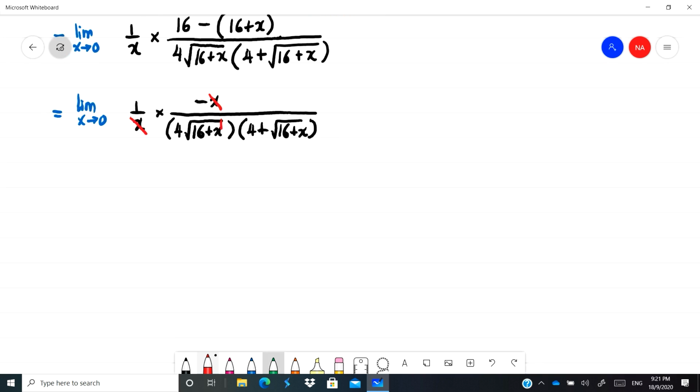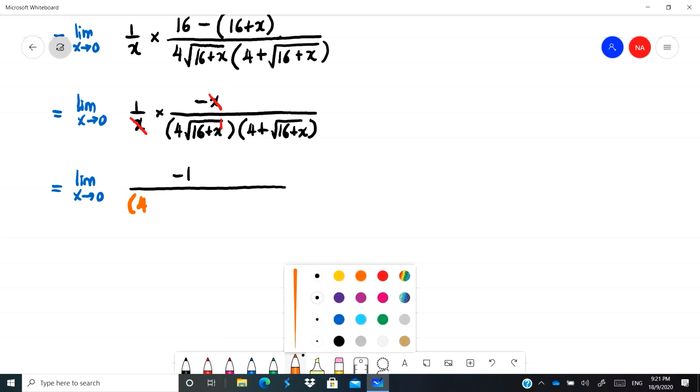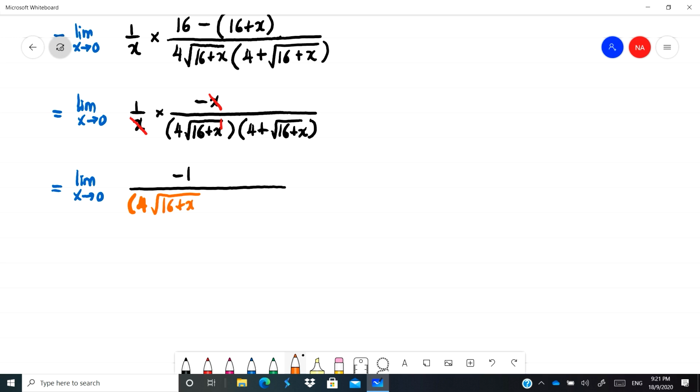Since we have not substituted the value of x as 0, we have to write this limit as x approaching 0, so you have that negative 1 over 4 square root 16 plus x, times 4 plus square root 16 plus x.